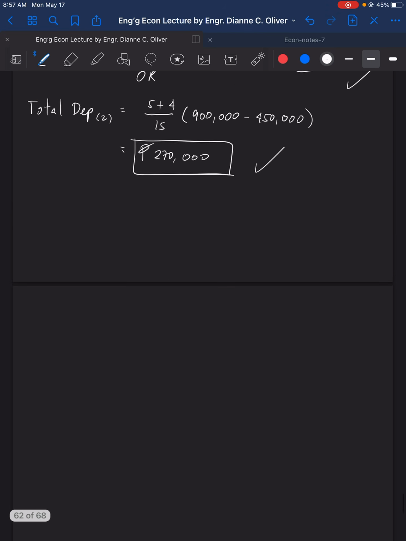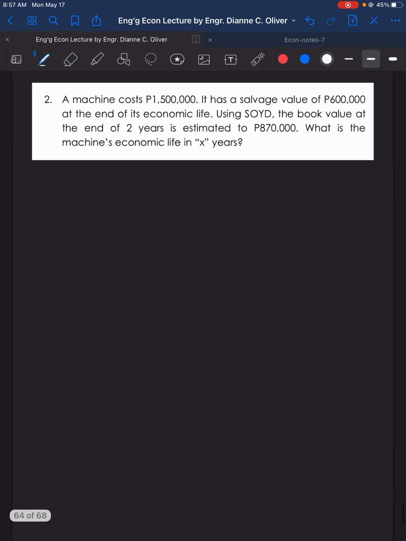Next, let's go to number 2. A machine costs 1.5 million pesos. It has a salvage value of 600,000 pesos at the end of its economic life. Using sum of years digit method, the book value at the end of 2 years is estimated to be 870,000 pesos. What is the machine's economic life in X years?